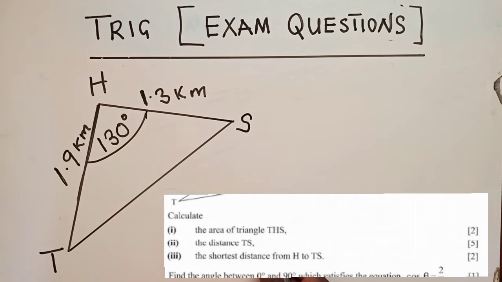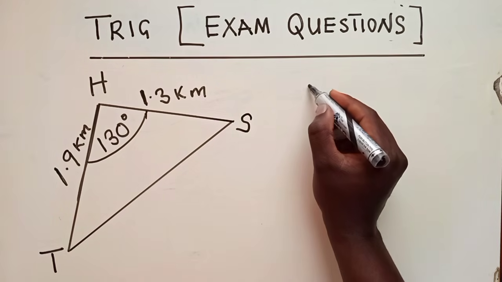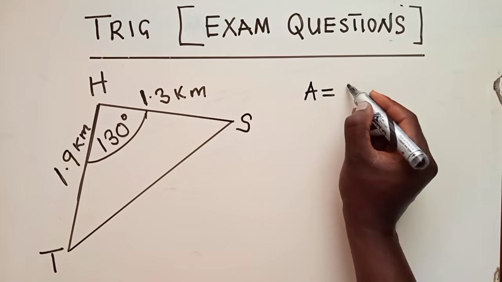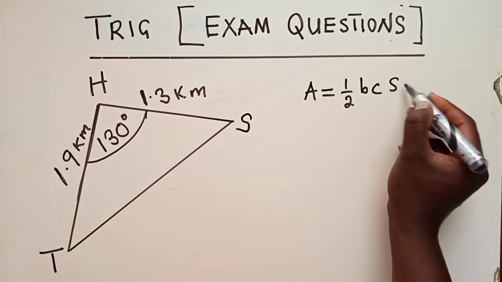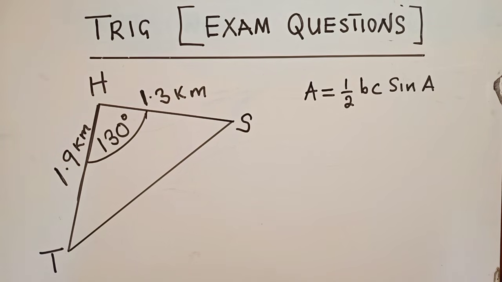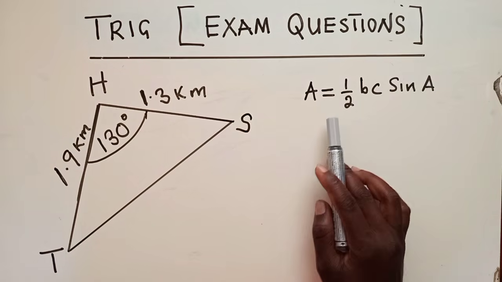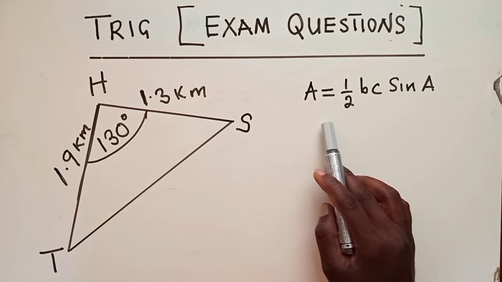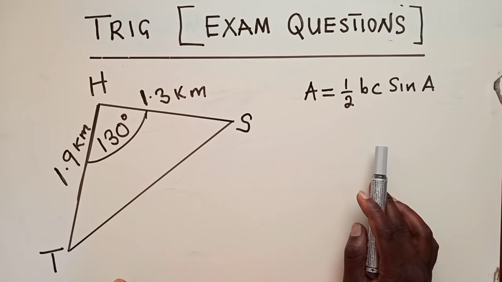So we need to find the area. The formula for finding area is just the same. Area is equal to 1 over 2 bc sine A, provided you are dealing with a non-right angle triangle. Now for area, you must get an angle that is included.